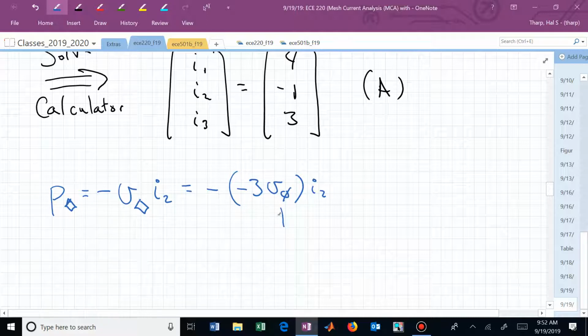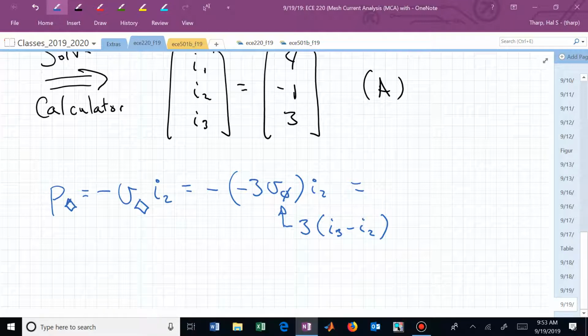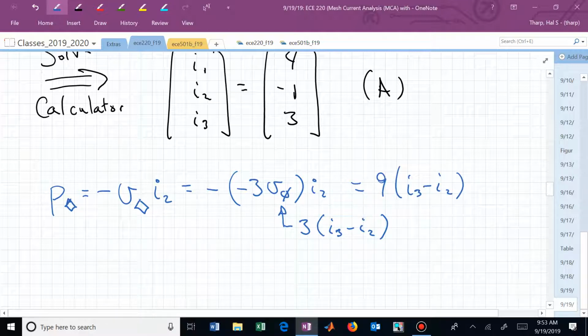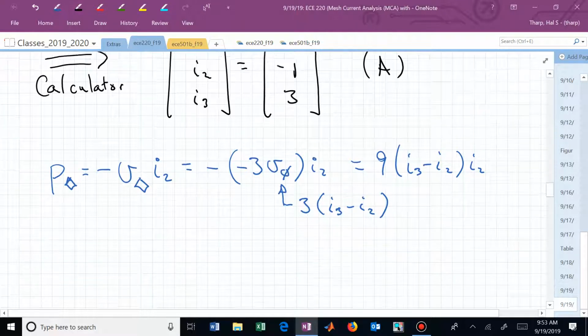And V sub phi was in fact 3 times I sub 3 minus I sub 2. Or if we negate the minus, we then end up with 3 times 3, or 9, times I3 minus I2 times I2.